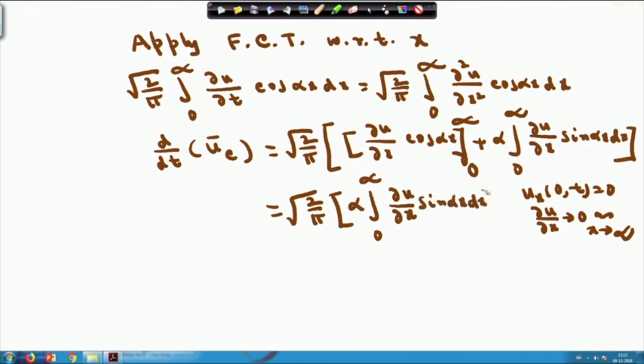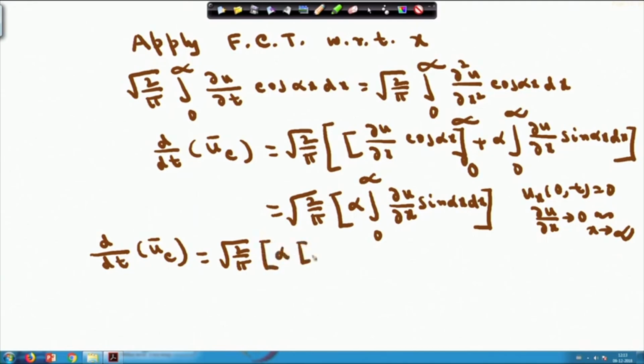Again, if you integrate by parts, you will obtain d dt of u bar c equals root over 2 by pi, alpha into u sin alpha x from 0 to infinity minus alpha square into 0 to infinity u cos of alpha x dx.